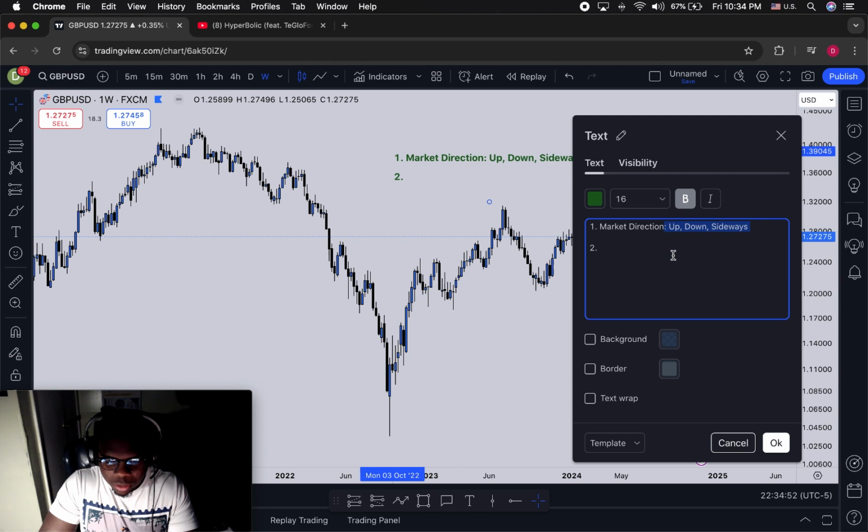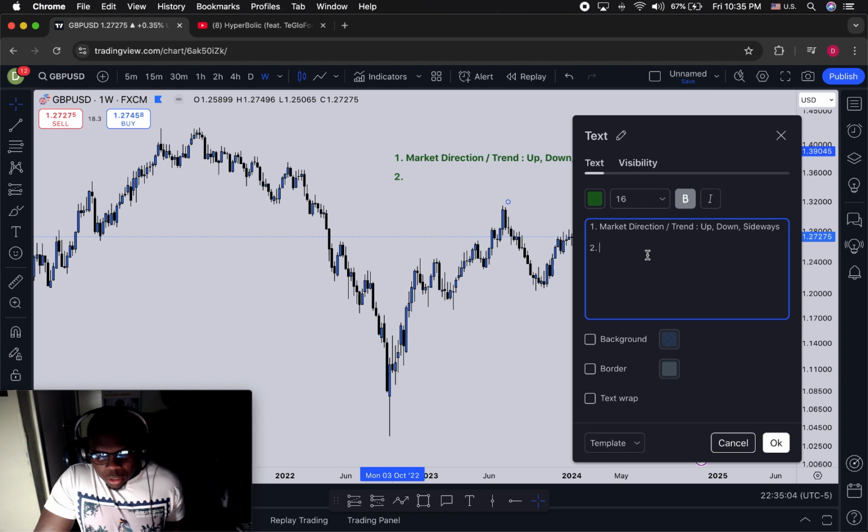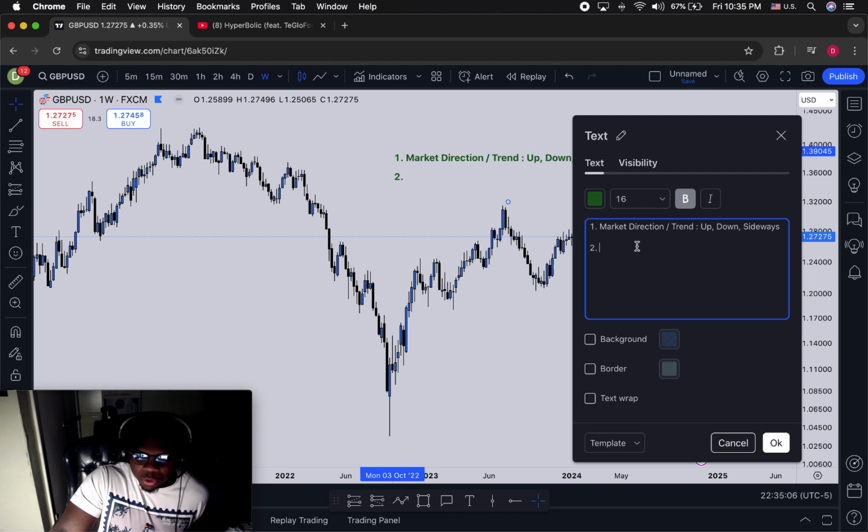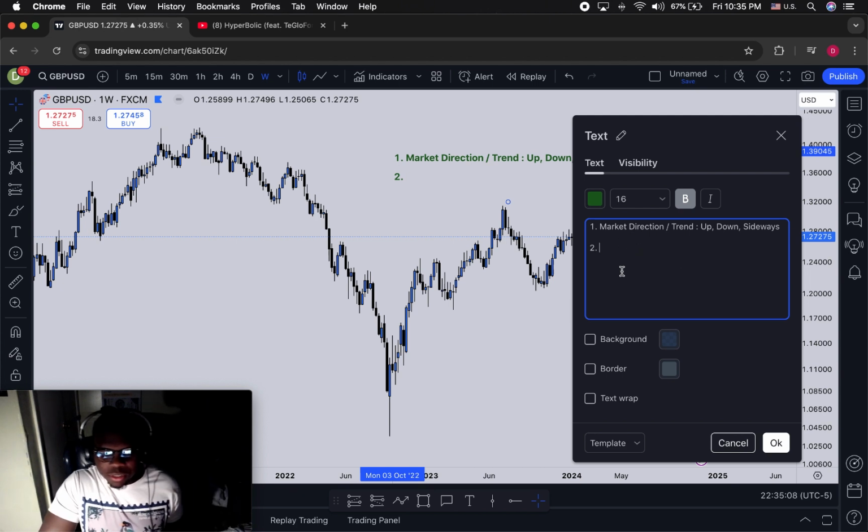And the market direction is also called the trend. So I'll just type that in too, market direction / the trend. So it could be an uptrend, downtrend. And sideways would be called consolidation, or accumulation. A bunch of different words, but up, down, sideways.